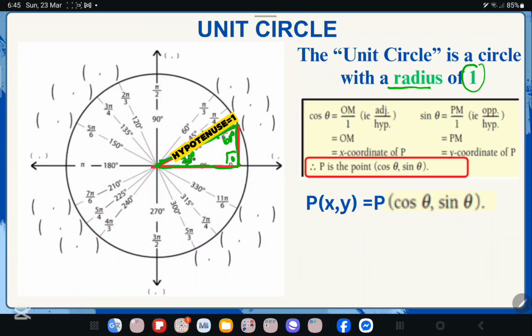Another thing we need to remember here is that point P with coordinates x, y is also represented as cosine theta and sine theta for the x and y coordinates.